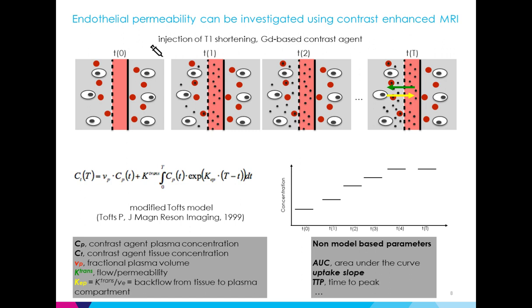And this is particularly useful to calculate more quantitative parameters that are related, as you can see in this box, to tissue permeability, to the fractional plasma volume in the tissue, which would basically be the amount of red dots that you have, which would be small vessels in each tissue, or, for example, the backflow from the tissue to the plasma compartment, and the amount of extravascular, extracellular space itself in the tissue, which is depicted here in gray.